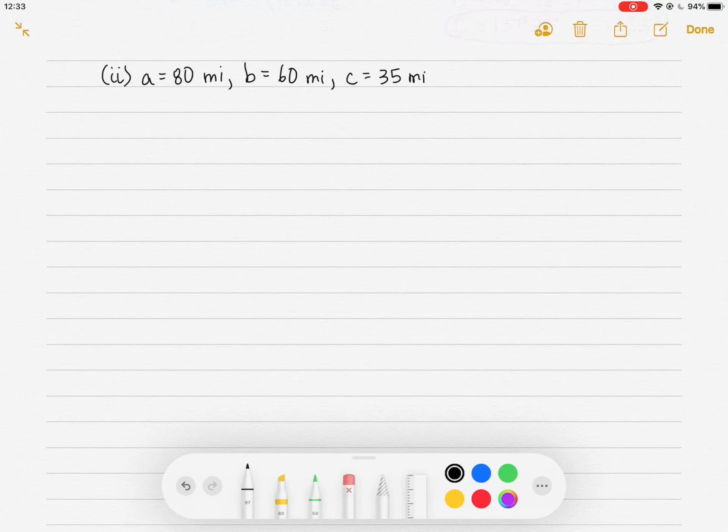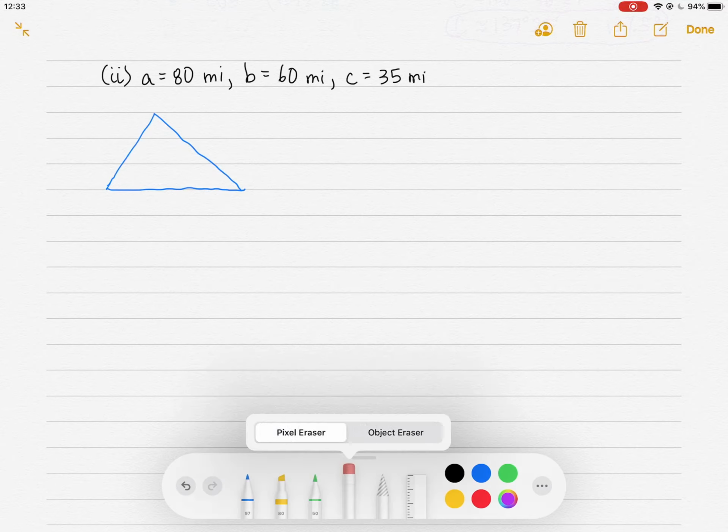Example number 2: little a is equal to 80 miles, little b is equal to 60 miles, and little c is equal to 35 miles. It doesn't matter who we call A, B, or C. A is supposed to be the longest side, which is either this one or the other one down below.